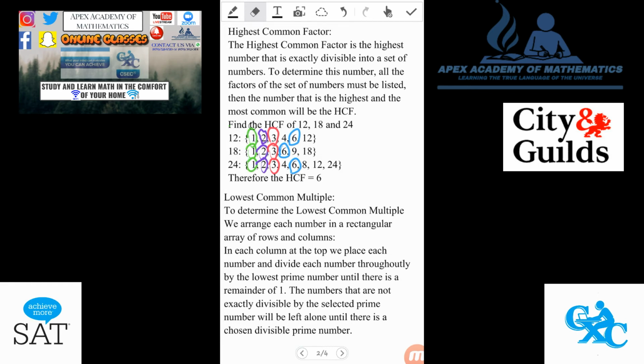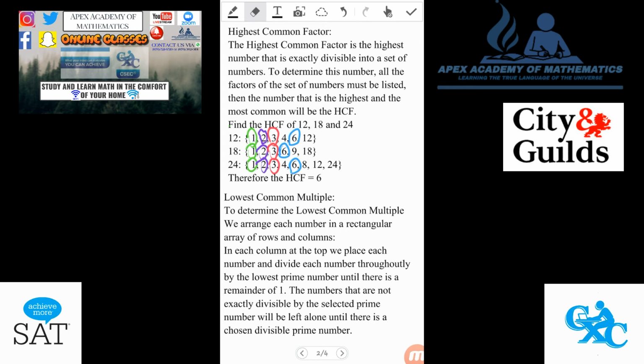It is common to all three. 2 is also common to all three. 3 is common to all three, and 6 is common to all three. So we have 4 possible common factors, but we are looking for the highest of the 4, and the highest of the 4 is 6. So clearly you can see that is how you find the HCF.